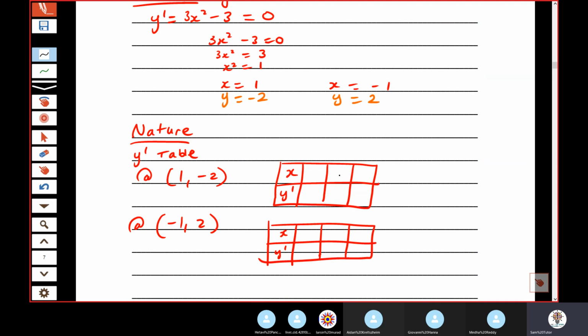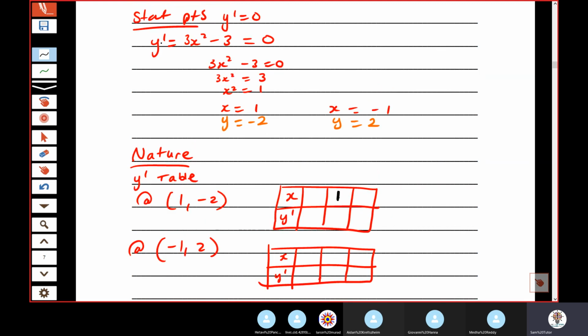Okay, the number in the middle has to be the x value you've chosen. It's an x, right? X, 1. What does y dash equal when x is 1? Not -2, that's y.